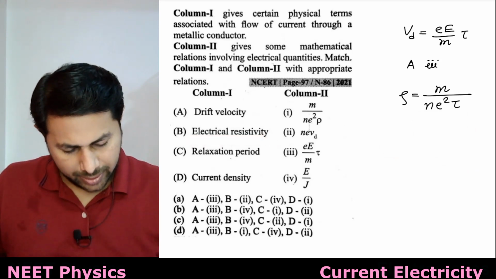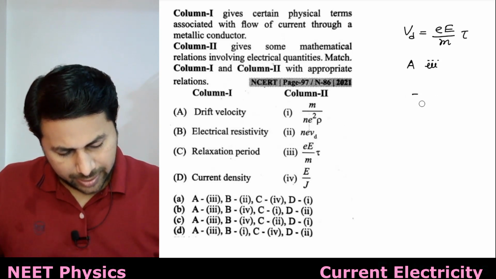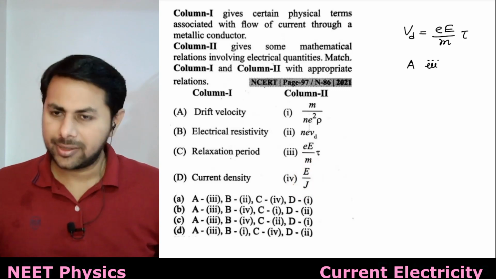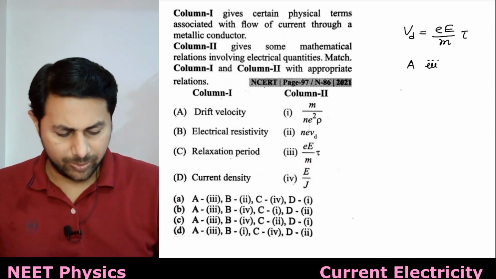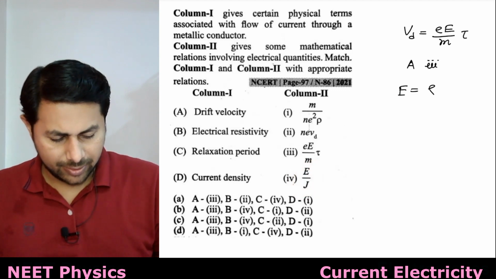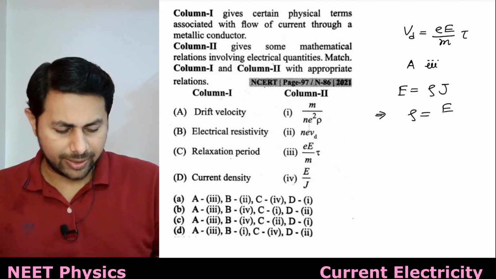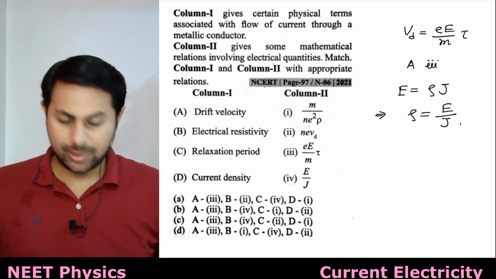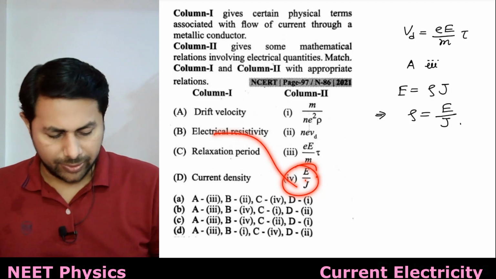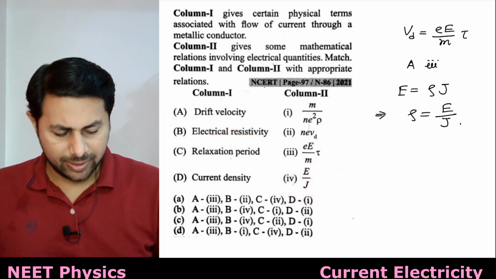Okay, then we don't need this one. There is one formula in terms of the electric field and the current density. If you remember, E can be written as rho times J. That means rho is equal to E divided by J, right? So B matches with 4. A matches with 3, B matches with 4.